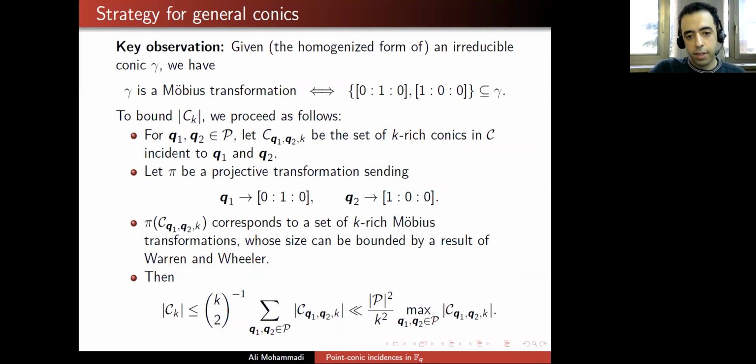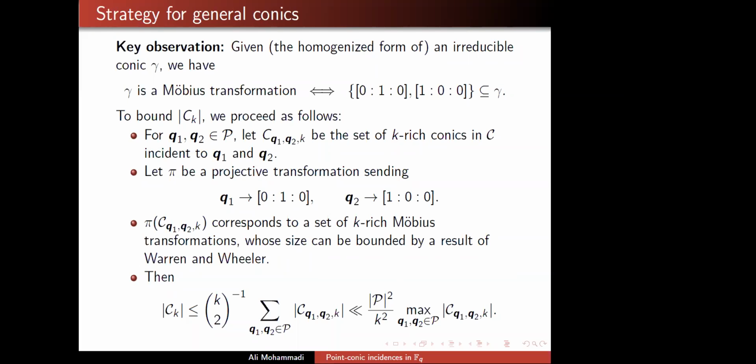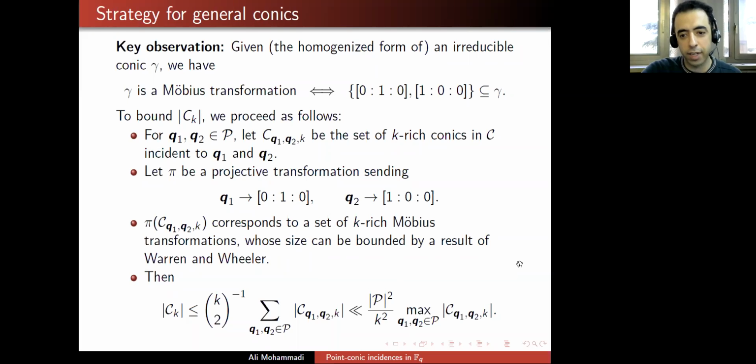The machinery there relies on very heavy machinery, so good luck making progress on that. Really, one way we see progress over here is to improve point-plane incidences, and it is a difficult problem.